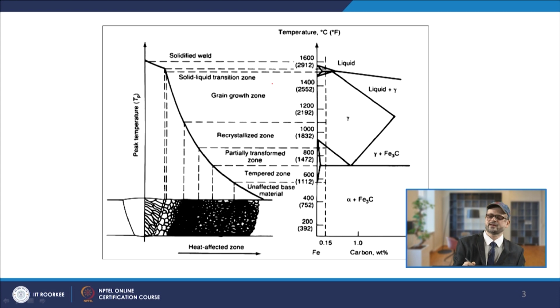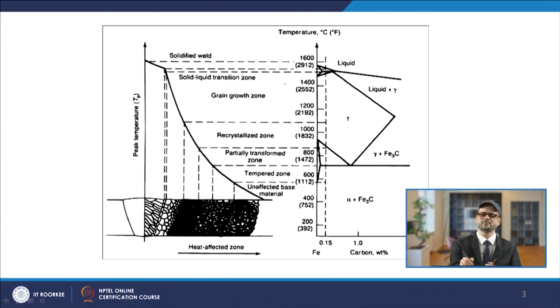It is above the critical temperature of grain growth, which normally occurs in metals at a certain temperature and varies with the steel composition. So there will be a certain value of critical temperature for grain growth.